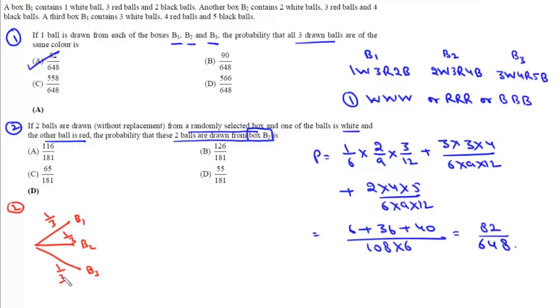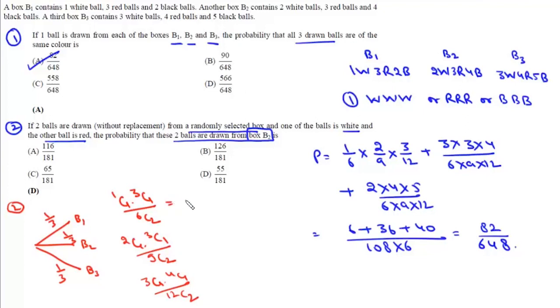Now if we choose B1, then the probability of getting 1 white and 1 red will be 1C1 into 3C1 upon 6C2. Now for second it will be 2C1 into 3C1 upon 9C2, and here it will be 3C1 into 4C1 upon 12C2.